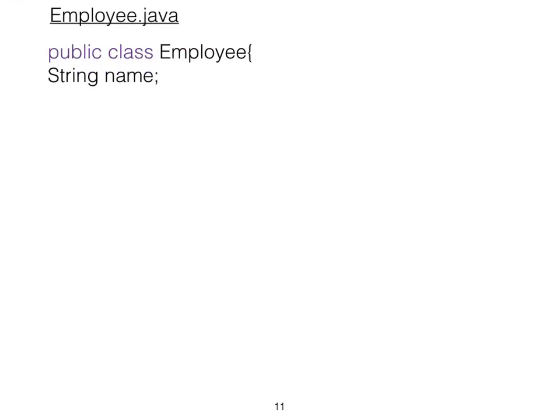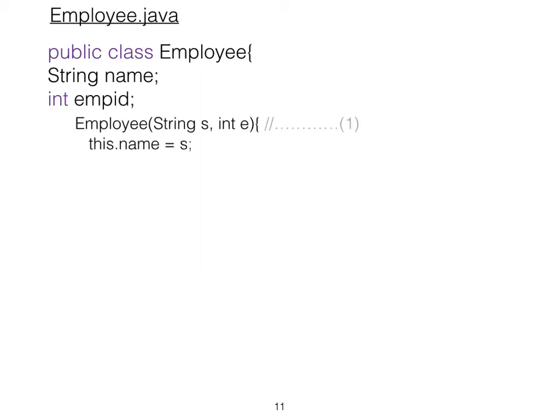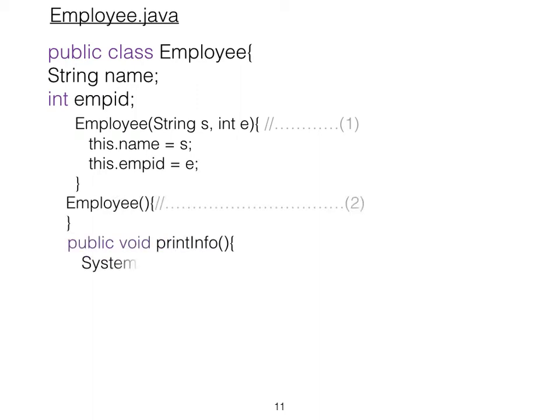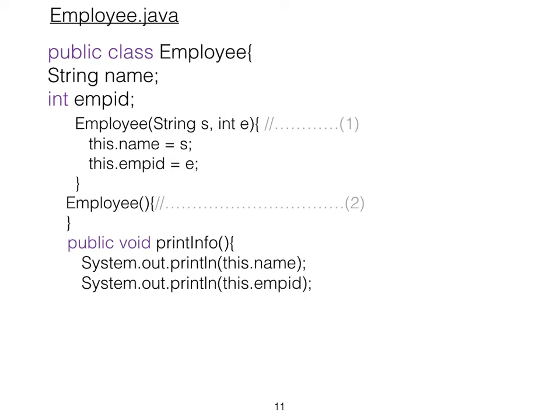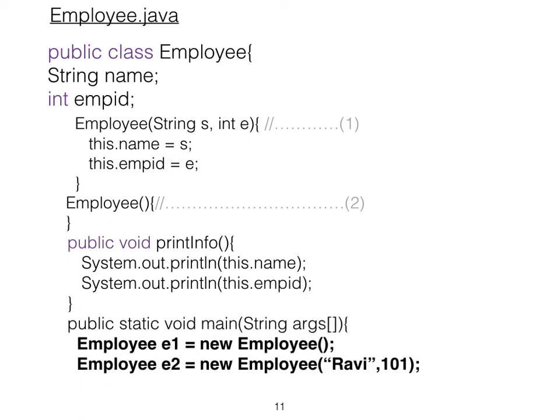Now you can have another code example, and here what we are going to show is how to use two different constructors. You can see the highlighted code.